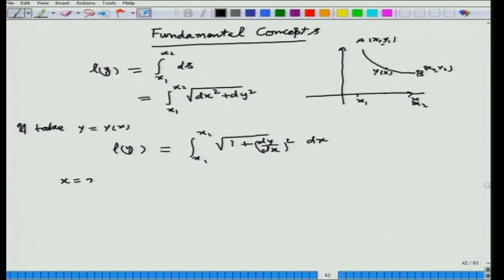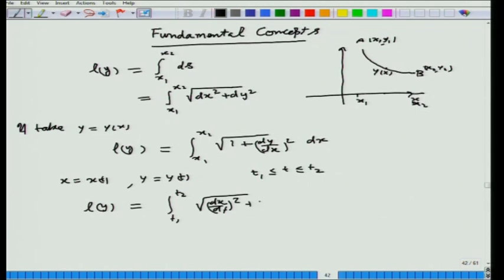Now, if x is a function of t, y is a function of t, and t has range t 1 less than or equal to t less than or equal to t 2, then L y can be given as the integral from t 1 to t 2 of square root of d x by d t square plus d y by d t square, and then this d t comes.